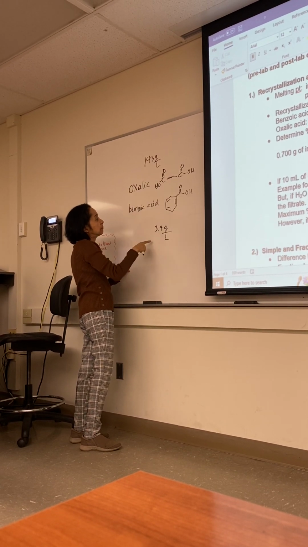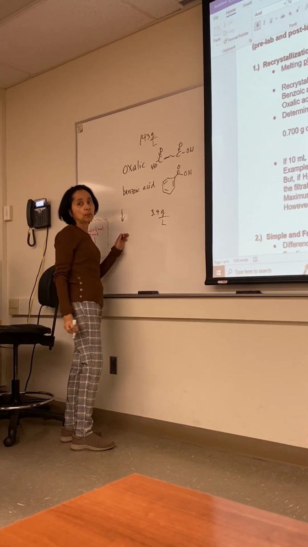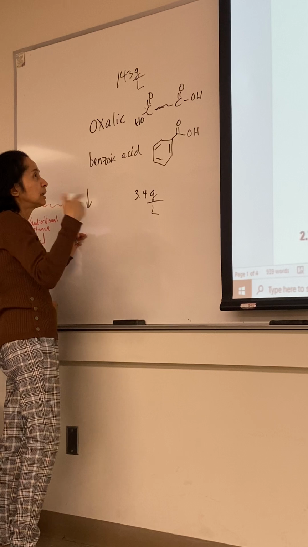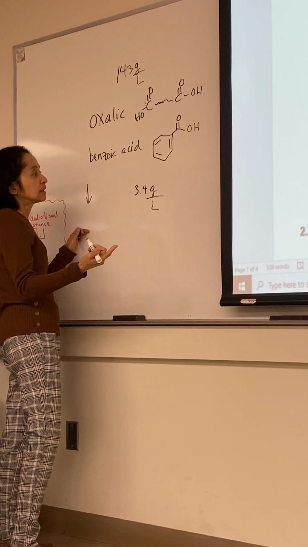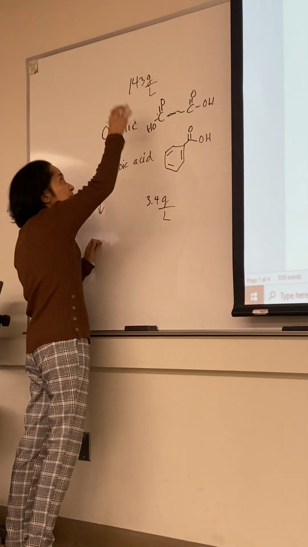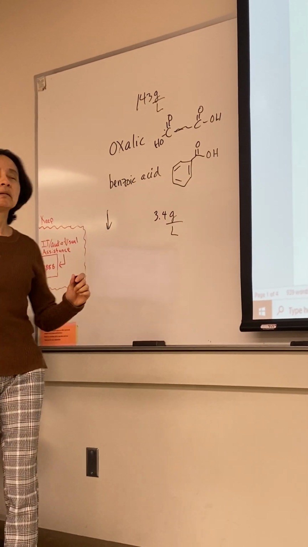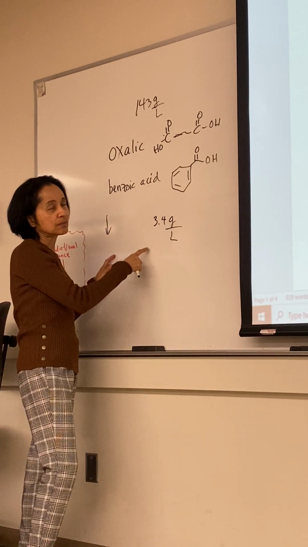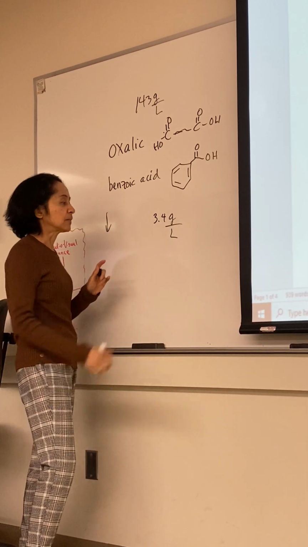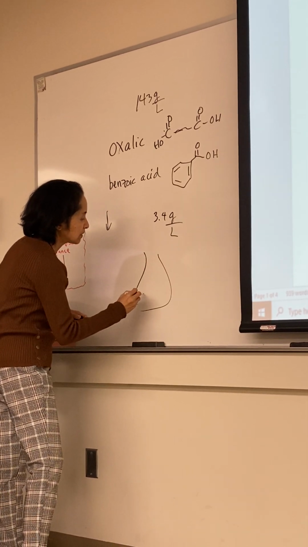But the lower the number, the lower the solubility. Say for example you're using 10 ml of water, then all of this will dissolve, but not all of the benzoic acid will dissolve. You're going to dissolve mostly oxalic acid. So if you're crystallizing it, you have oxalic acid.